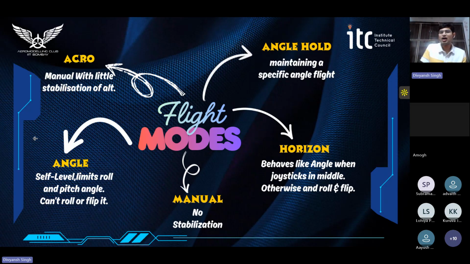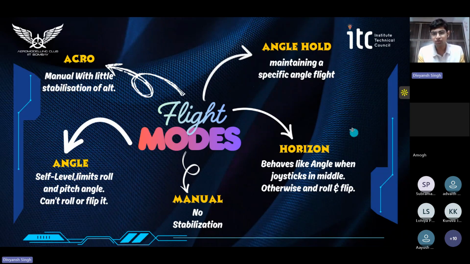Angle mode will allow roll and flip up to a certain level, but it will not allow your aircraft to roll wholly. It's very useful for new pilots to use this mode, as it keeps the plane around a certain mean level.